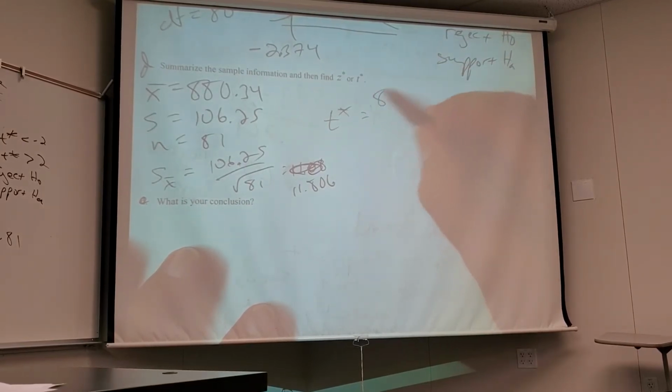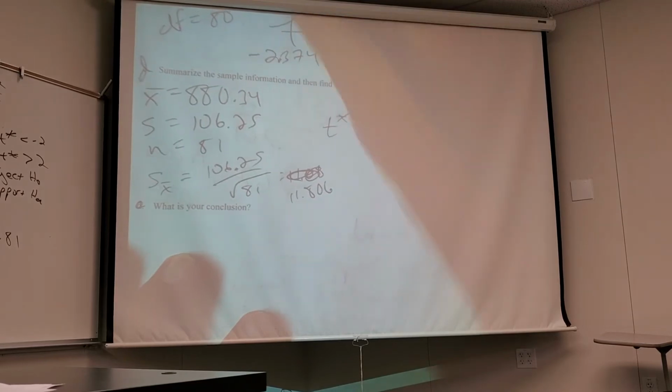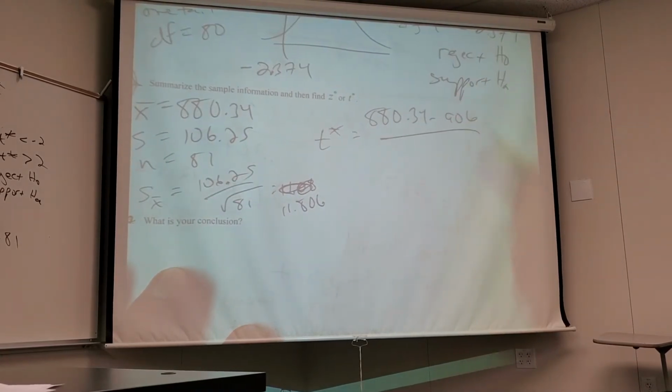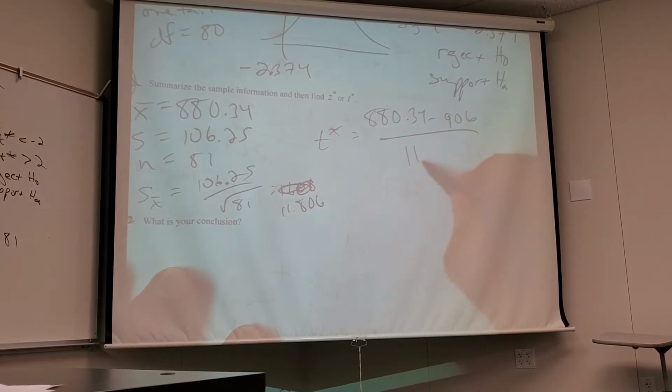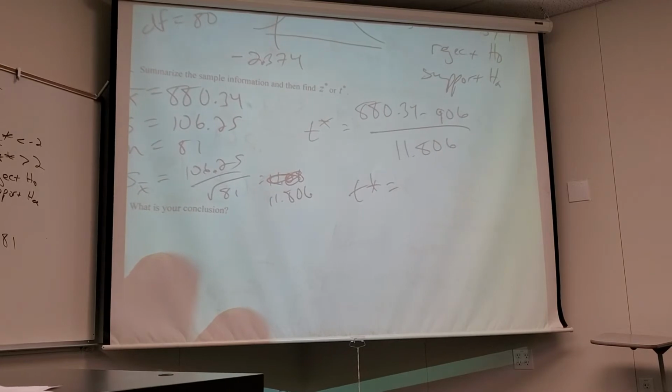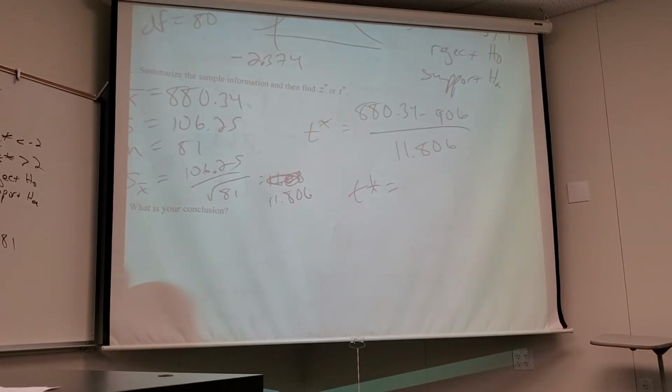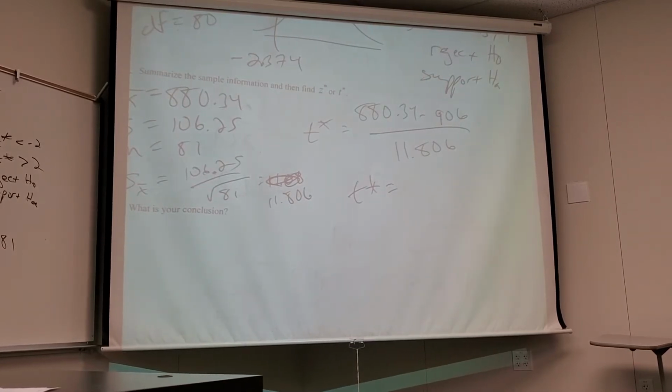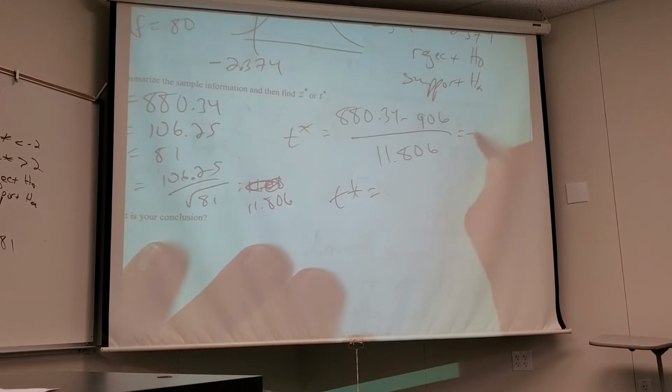So let's see. My data minus the supposed middle, divided by the new spread. It's like 2.4 or something. Negative 2.17.